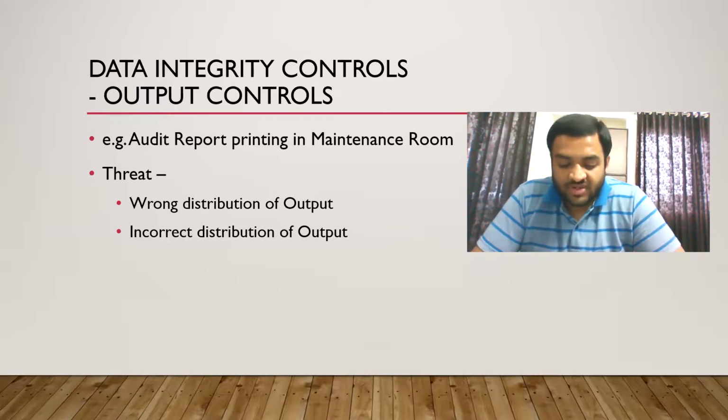You must have software so that if a person is working on this floor, the printer on this floor should be used and not the other floor. How will we make sure of it? We will install software that will authorize only the persons on that floor to access the system. So what are the threats once again? Wrong distribution of output and incorrect distribution of output.